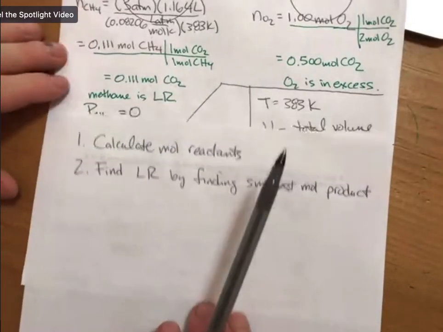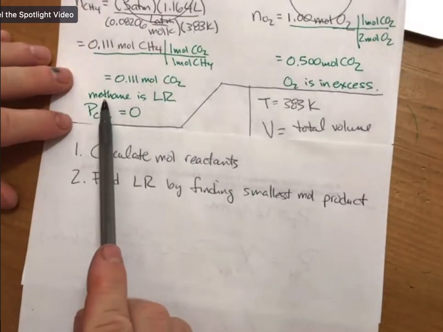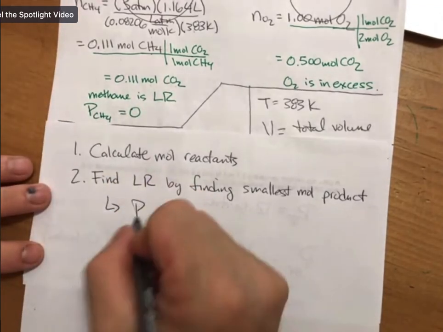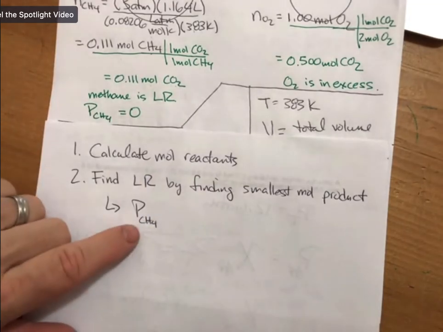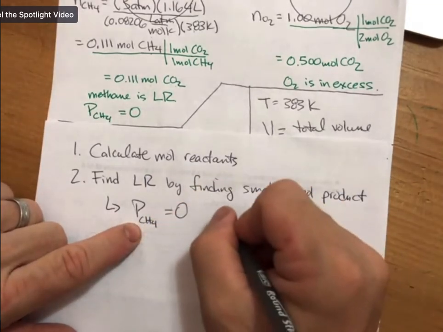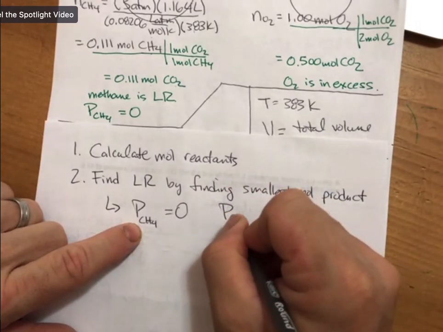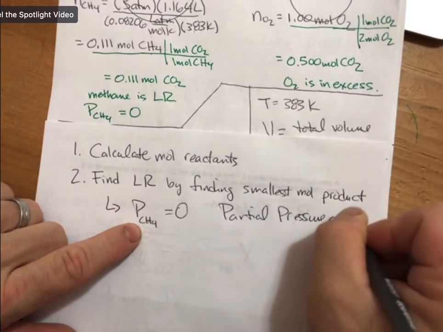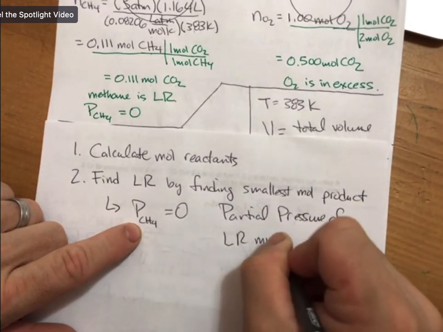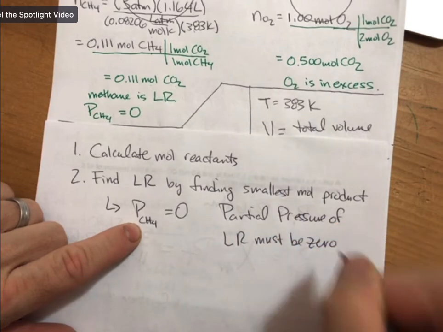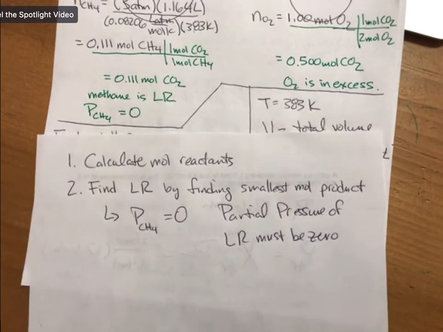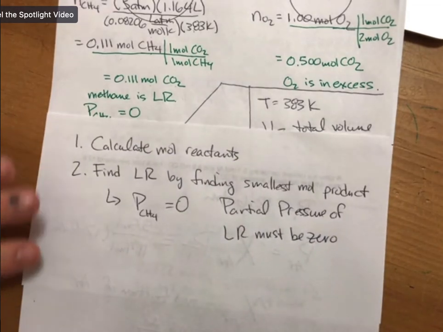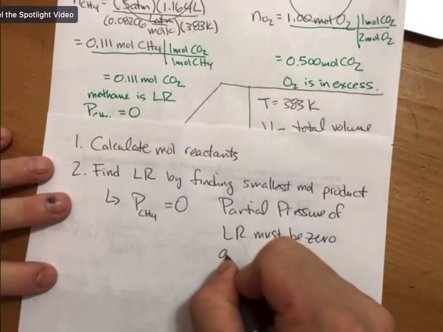All right, and then once we knew that, the partial pressure of our CH4, which is our limiting reactant, equals 0. So the partial pressure of the limiting reactant must be 0. And the thing that, of course, is implicit or goes unsaid, I'm going to go ahead and say it, must be 0 after the reaction is completed.